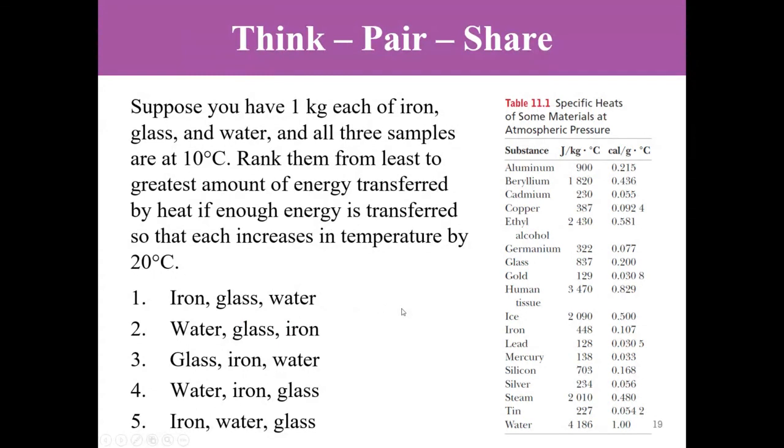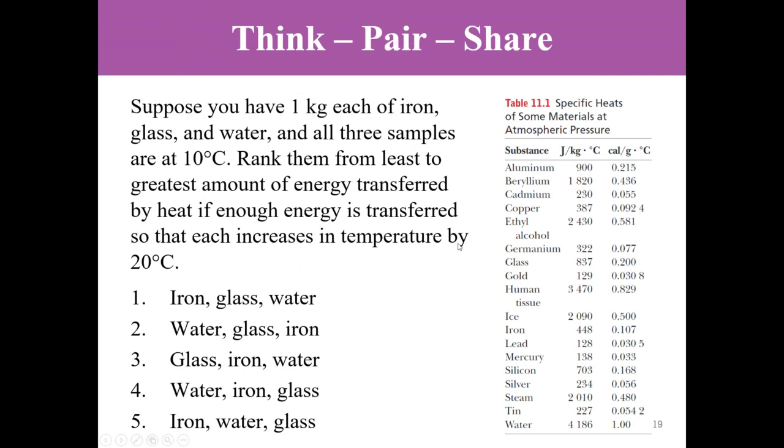Another example: suppose you have 1 kilogram each of iron, glass, and water again, and all three samples are at 10 degrees Celsius. Rank them from least to greatest amount of energy transferred by heat if enough energy is transferred so that each increases in temperature by 20 degrees Celsius.